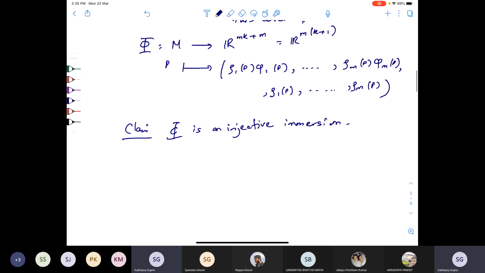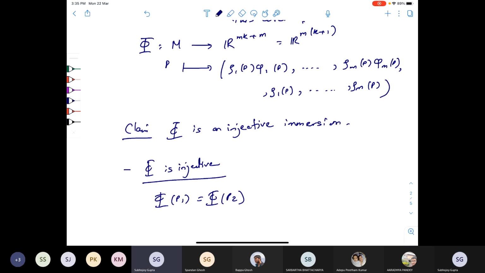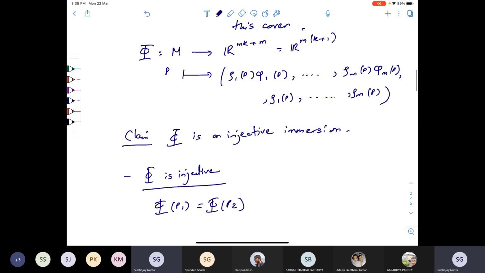There are two things we have to show. First, that phi is injective. Why is that true? Well, suppose phi of P1 equals phi of P2. Then on the right-hand side, the two vectors that you get are the same, and so the corresponding entries are all the same.